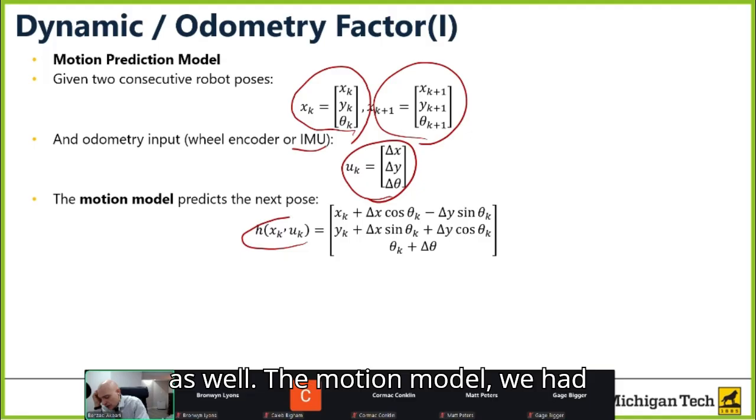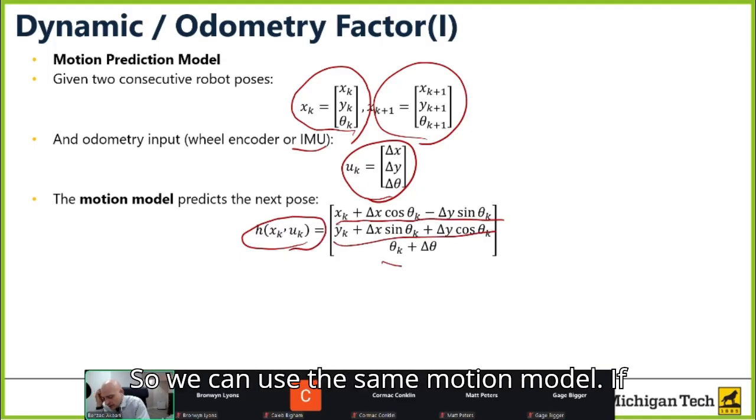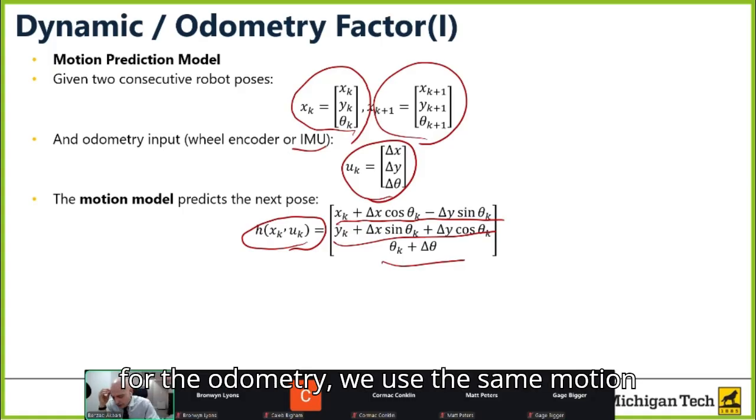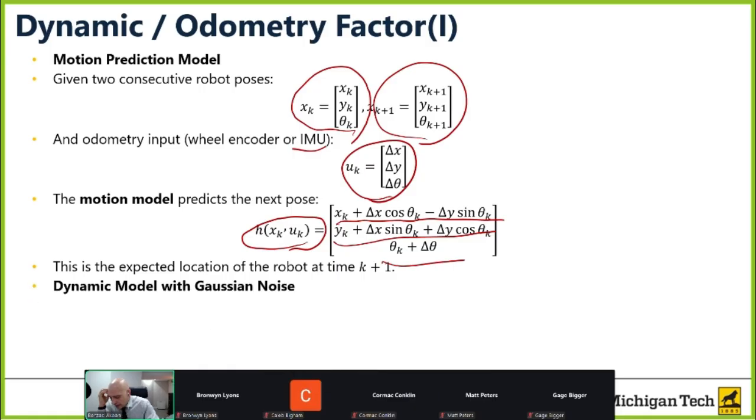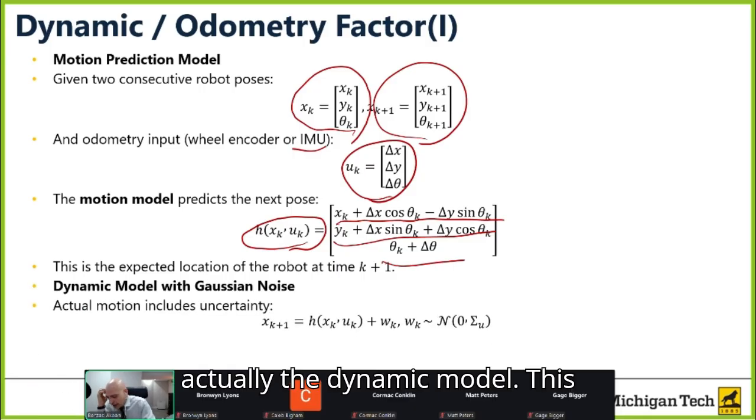The motion model, we had this before in robotics, so we can use the same motion model. If for the odometry we use the same motion model, we find the dynamic model. This is the dynamic model.